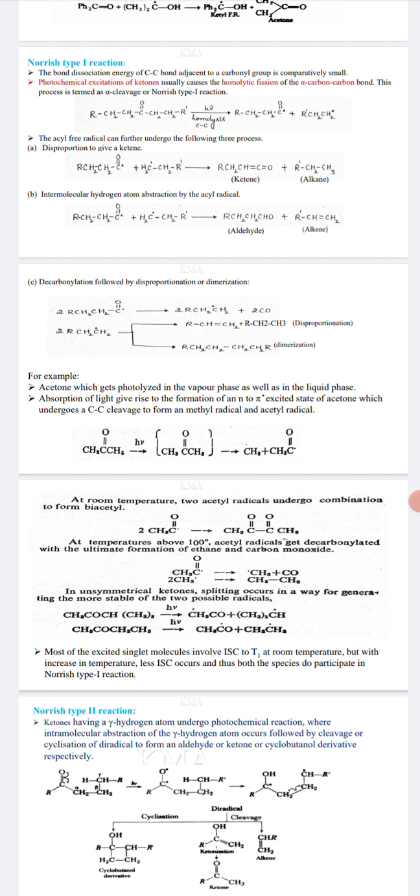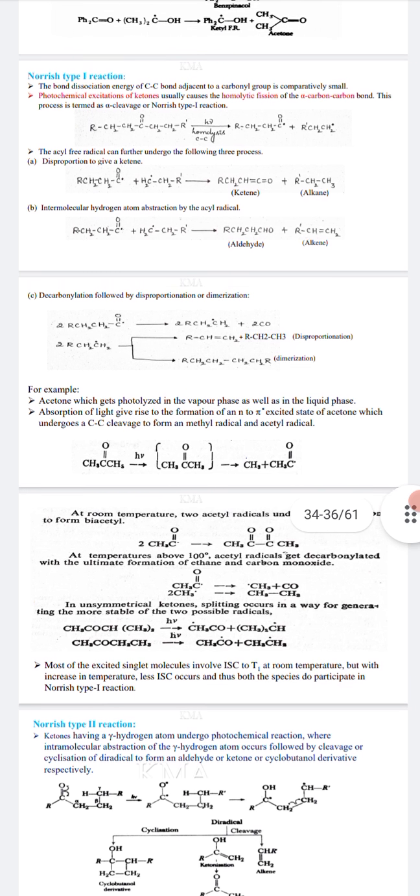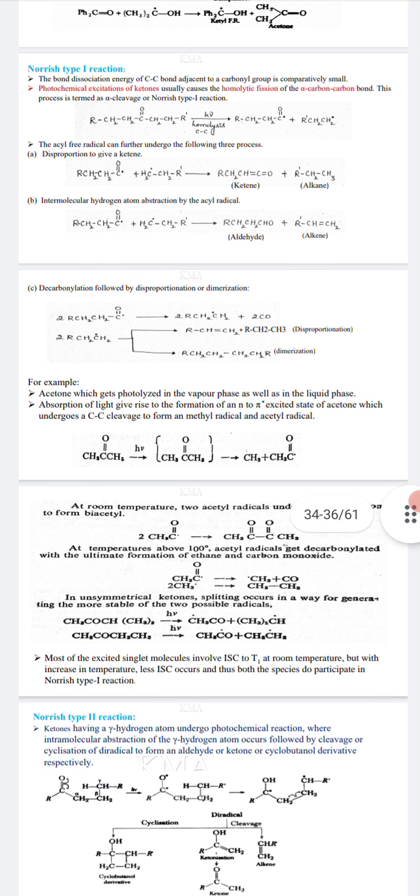The second one is intermolecular hydrogen atom abstraction by the acyl radical. Here the hydrogen atom present in the alkyl free radical is donated to the acyl radical and thus it forms aldehyde and alkene. This is the second type of reaction which the acyl free radical and alkyl free radical undergo.